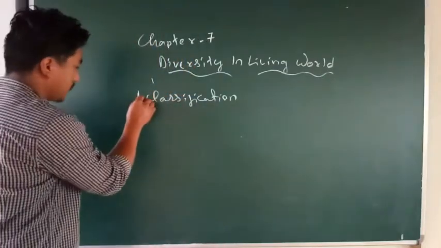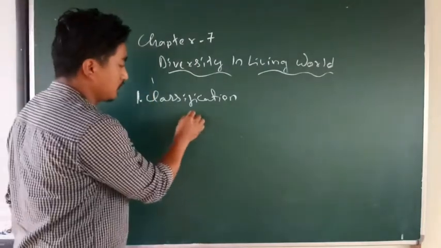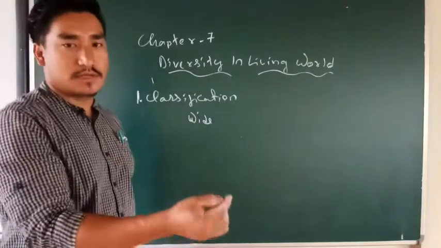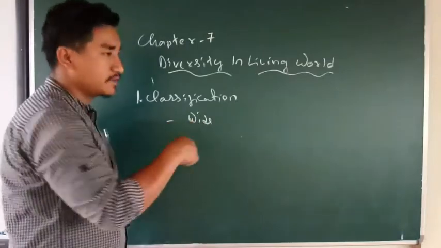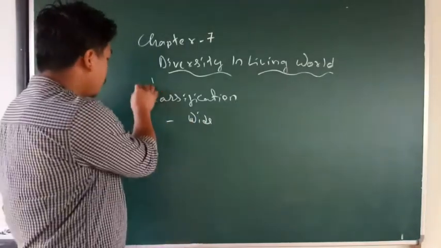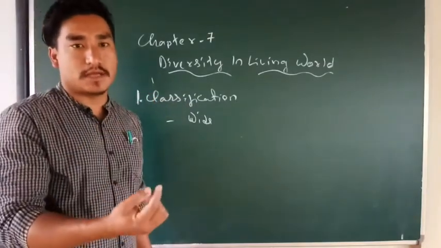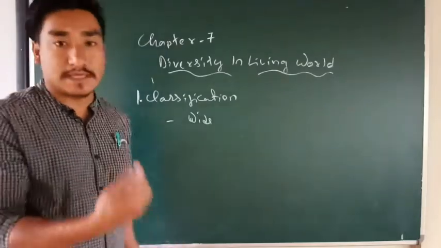What is classification? Now if you look around us, there are wide varieties of animals, be it microorganisms or multi-organisms. There are different animals with different characteristics, and it is important that we classify them according to their similarities and differences for the convenience of our study.